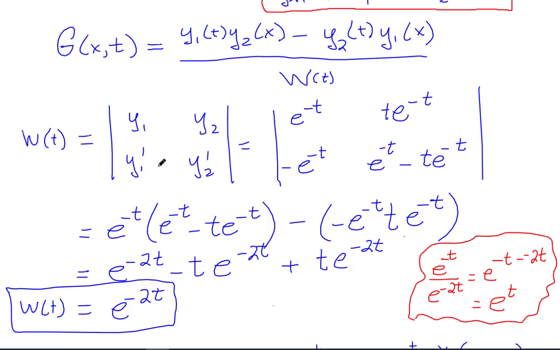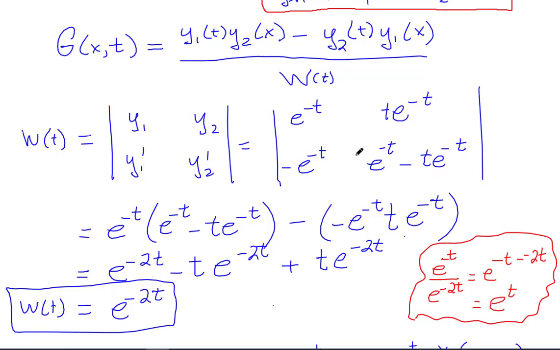So here's our Wronskian. We fill in my fundamental solution e to the minus t and t e to the minus t. We need the first derivative, so I pick up a minus 1. The derivative here, I need to use the product rule.